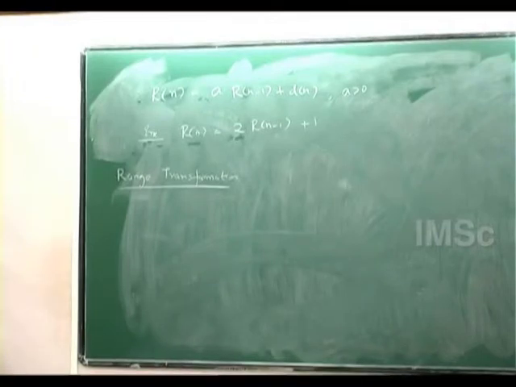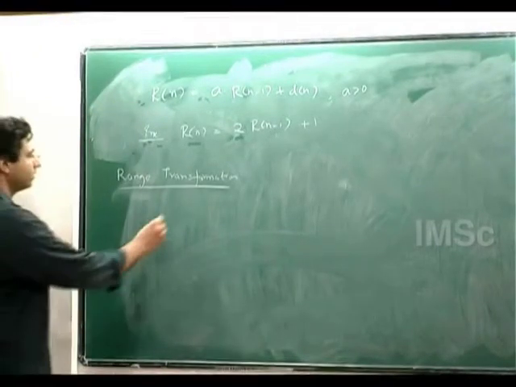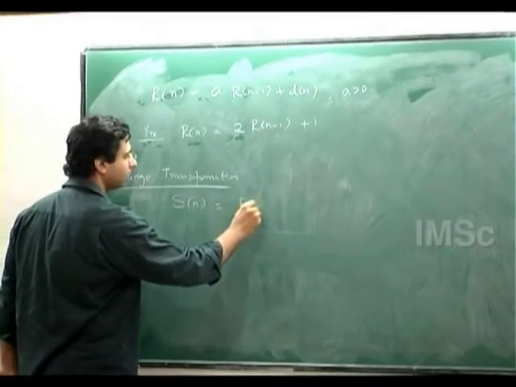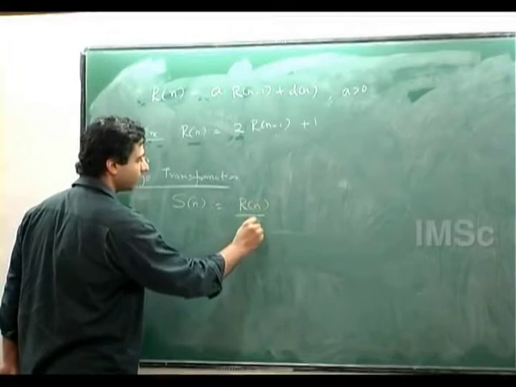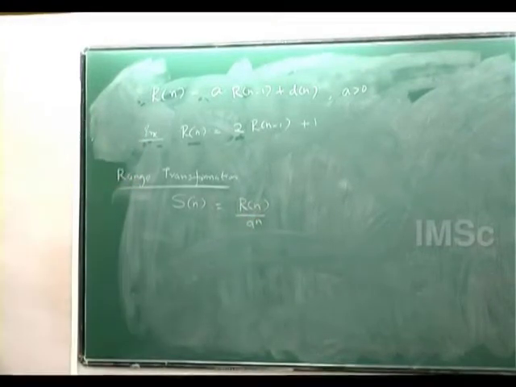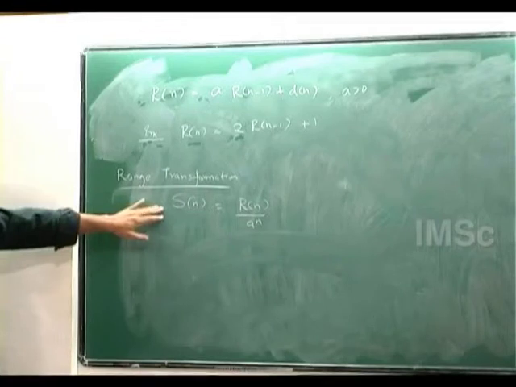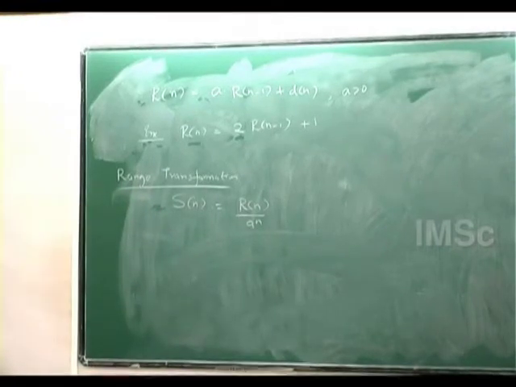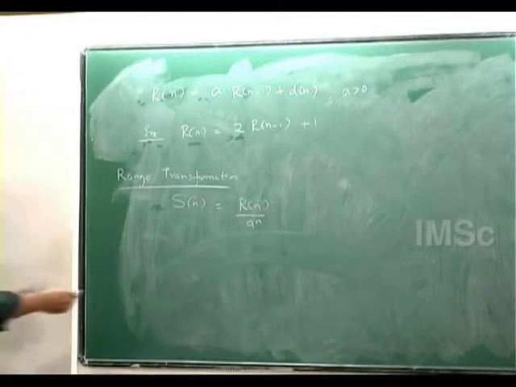So I'll define a new recurrence from this recurrence. I'll define my S of n as R of n divided by a raised to n. I divide Rn by a raised to n, and now my claim is this function satisfies the fundamental recurrence. So why?